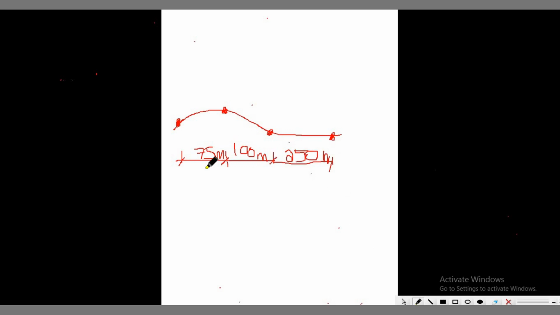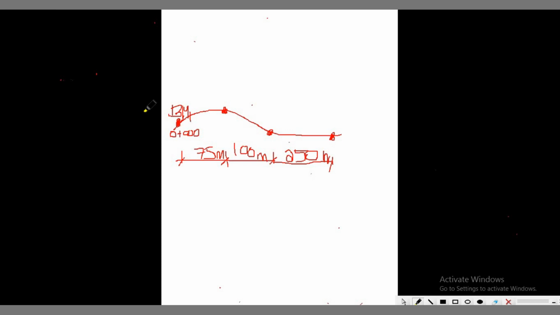So, what is stationing? In survey, this is profile leveling. In differential leveling, we call this your BM1 where you start. Now in profile leveling, we call this your 0 station or 0 plus 000. This format, 0 plus 000, is for the metric system.